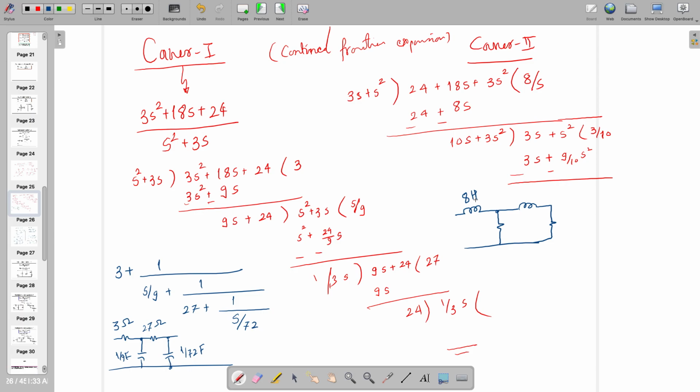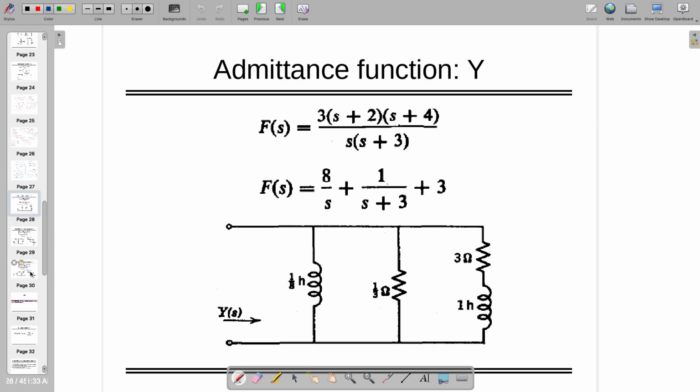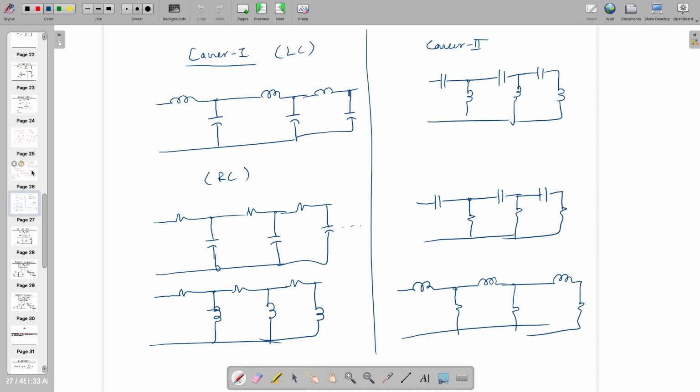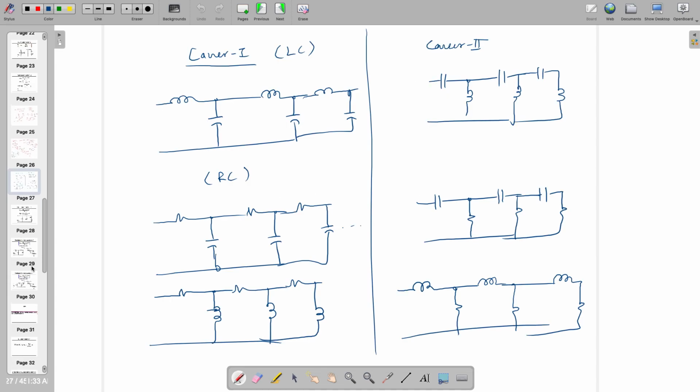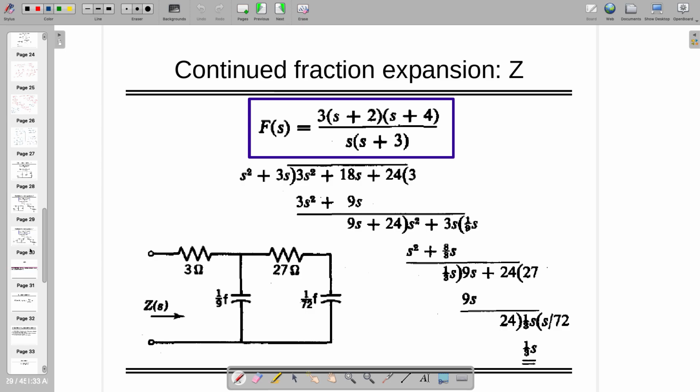Okay, 8 by S will give me, if it is Z of S, then this will give me the capacitor in that case, right? Partial fraction method where it is.